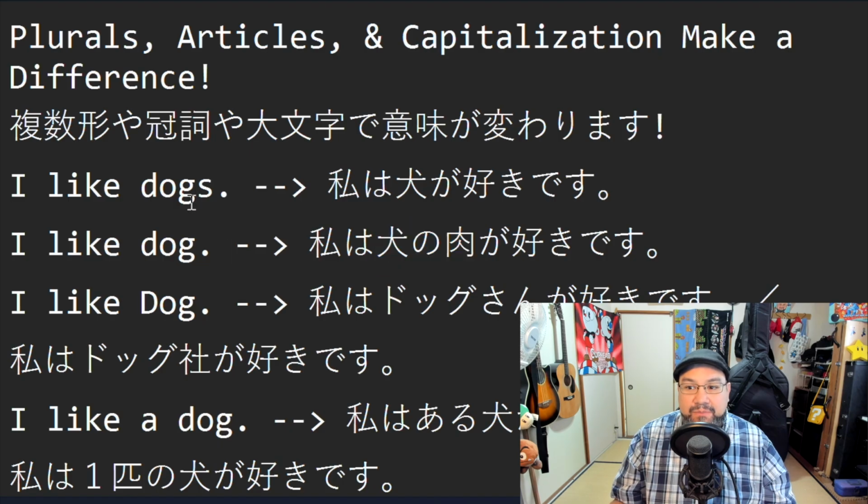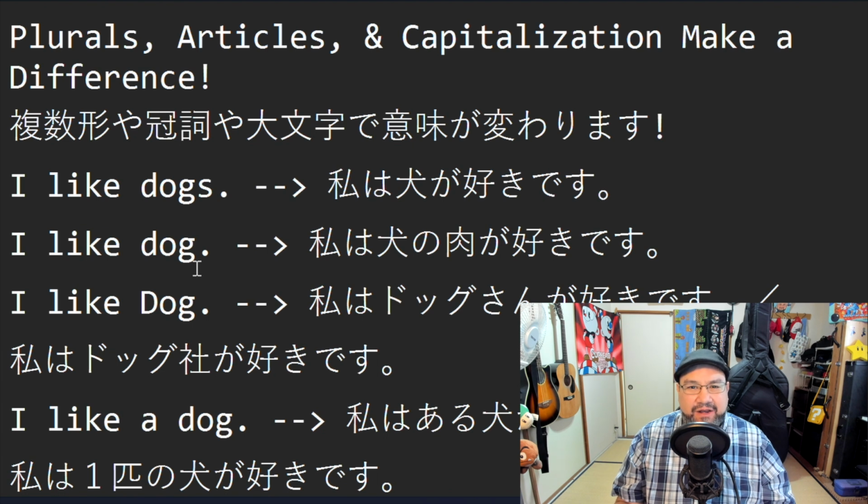Why? Because dog itself is uncountable. Let me give you an example. So if you say I like cows, it means the animal. But if you say I like beef, beef is uncountable because it is a meat. Or I like pigs, okay. I like pork, pork is the meat.